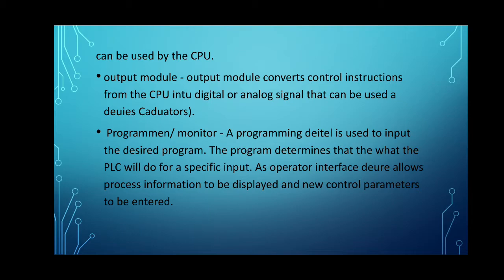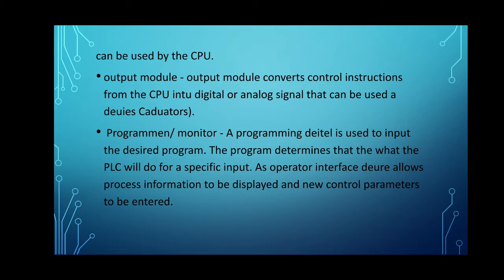An operator interface device allows process information to be displayed and new control parameters to be entered. And the last unit is the power supply. The power supply is used to supply DC voltages to different units of the PLC. It converts AC into DC power, which is required by different sections of the PLC.